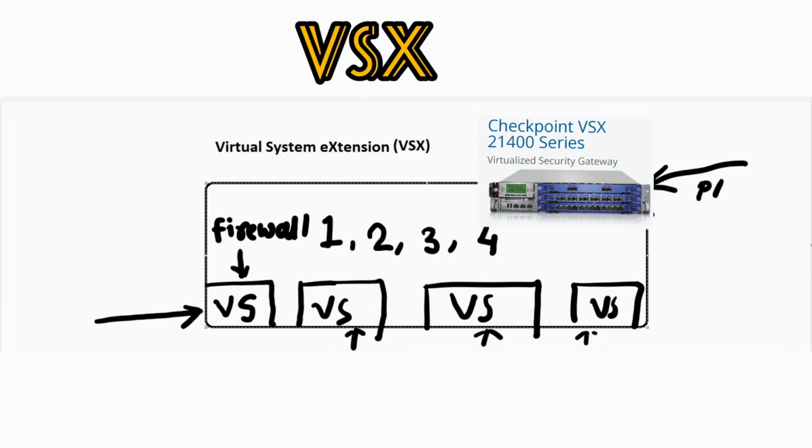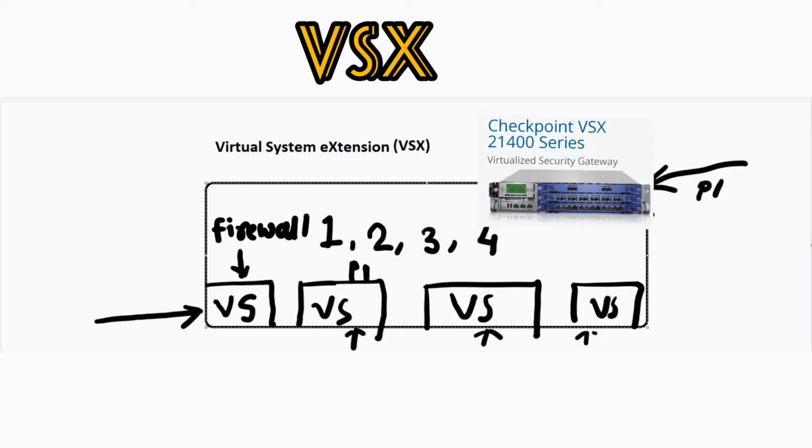The VSX gateway will send that packet here, and this virtual system will process that packet and return it to the destination where it actually wanted to go. The virtual system inspects all traffic and allows or rejects it according to the rules defined in the security policies.